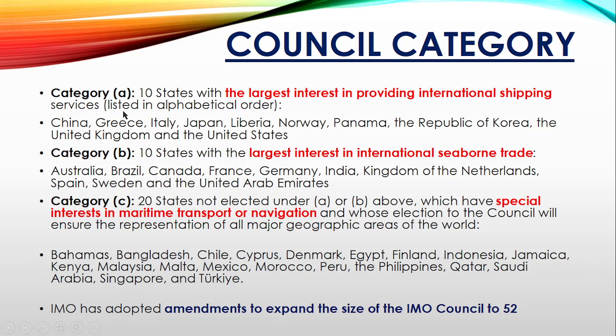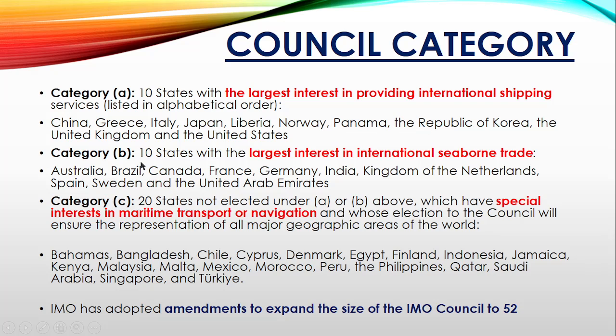The total number of members in the council is 40, subject to expansion up to 52 in the recent amendment. Category A represents those 10 states which have the largest interest in providing international shipping. These are right now China, Greece, Italy, Japan, Liberia, Norway, Panama, Republic of Korea, etc.